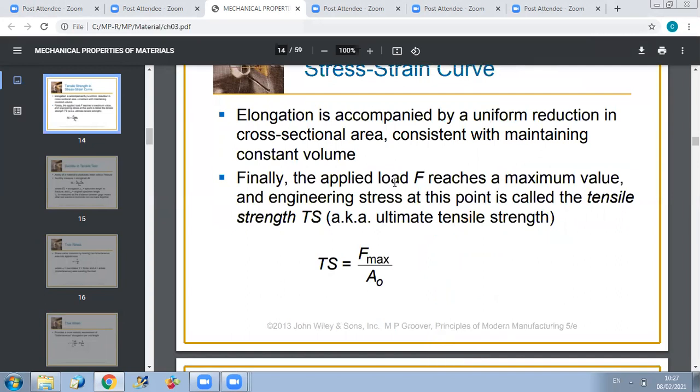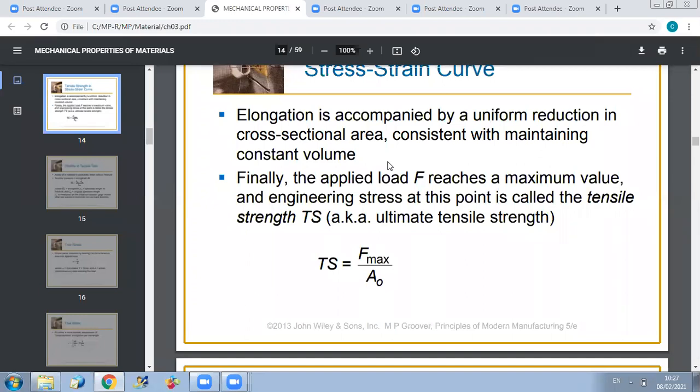how before necking, as we increase the load, we have a uniform reduction of area. But at a certain state, when we reach the maximum force, we have a force beyond which necking will start. So this corresponds to the maximum force that can be supported by the specimen before necking starts, and it corresponds to the maximum engineering stress, because we have seen that the engineering stress is proportional to the applied force.